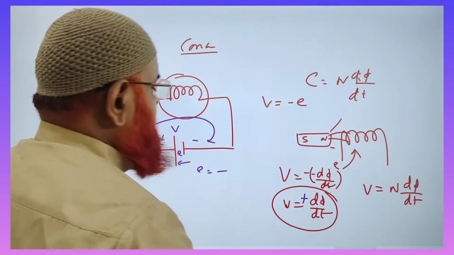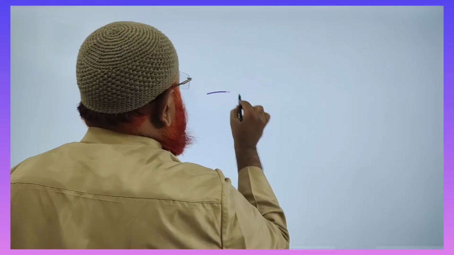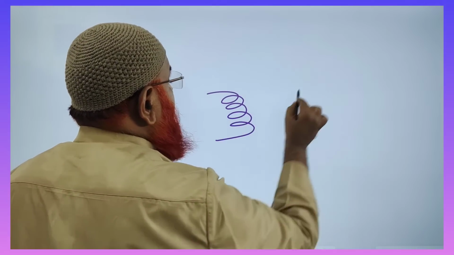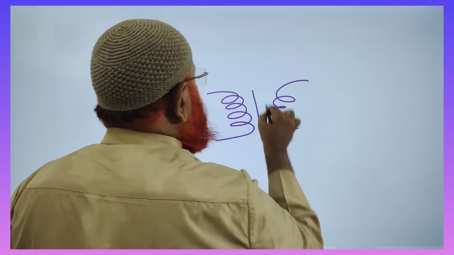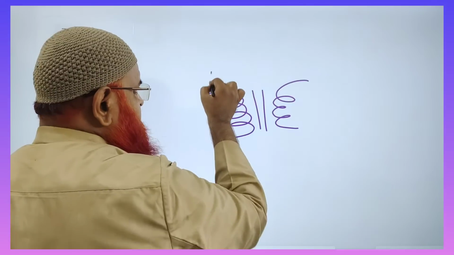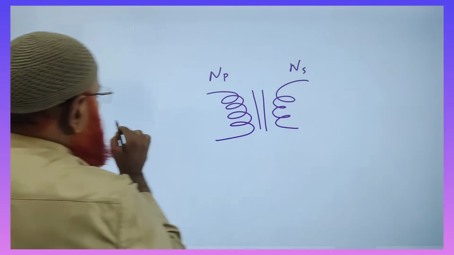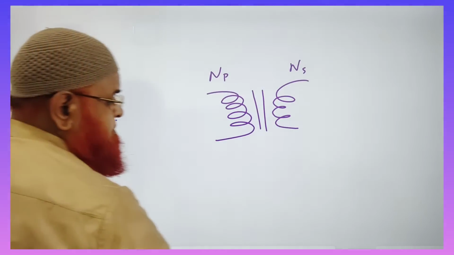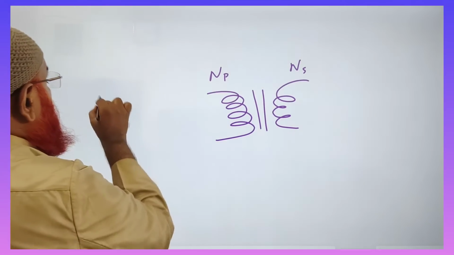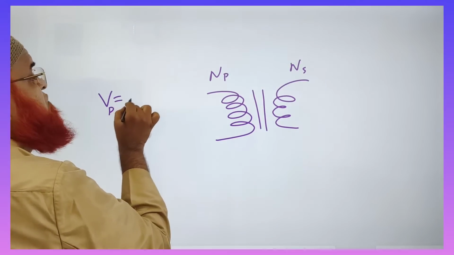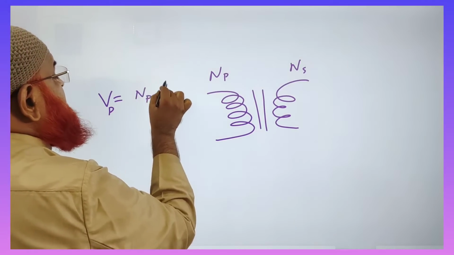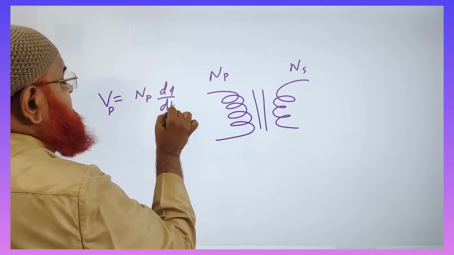Okay. Now, if you take the primary coil and the secondary coil, this is the symbol of a transformer. Primary coil means N P, secondary coil means N S. What is V primary? V primary is nothing but N primary d phi by dt.